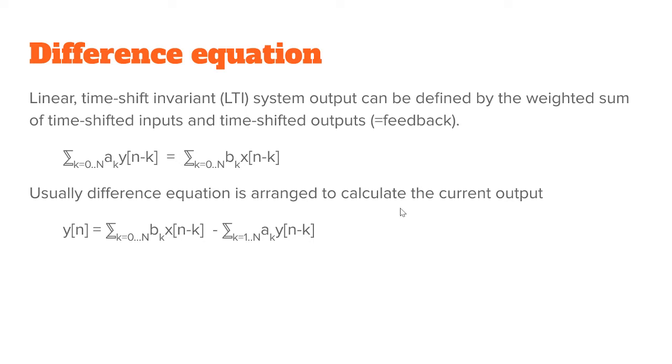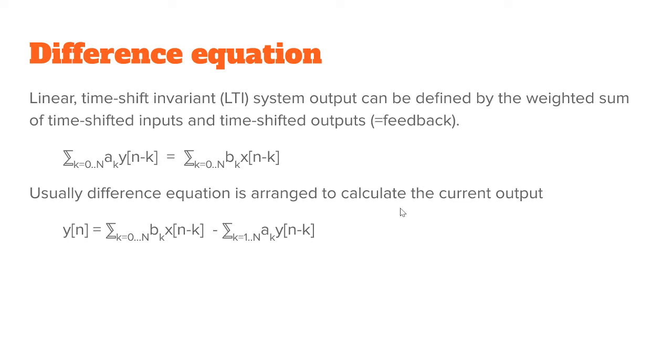But the nice property of these linear time invariant systems in the digital domain is that you can write a formula to calculate the output, the so-called difference equation. Basically, the difference equation can be used to calculate the output value as long as we know the system parameters or system coefficients.